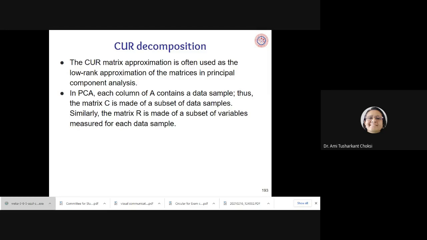In PCA, each column of A contains a data sample. Thus, the matrix C is made of a subset of data samples. Similarly, the matrix R is made of a subset of variables measured for each data sample.